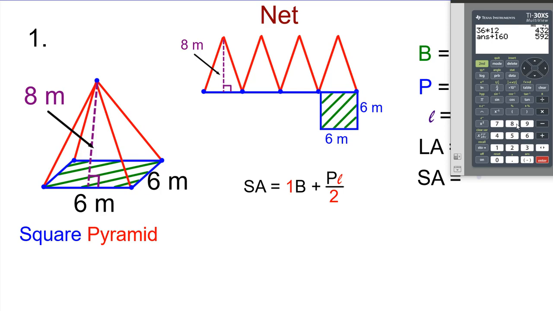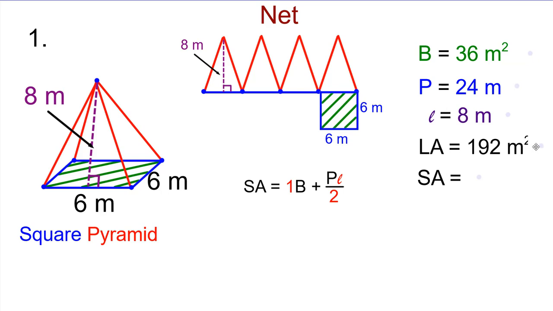Did I use the base? Yeah, so 24 times 8 is equal to 192. I don't know what I did. That's okay. So our lateral area is 192 square meters, and then to find the surface area, all we have to do is add our base. So that's 36 plus that, which is going to be 228 square meters.